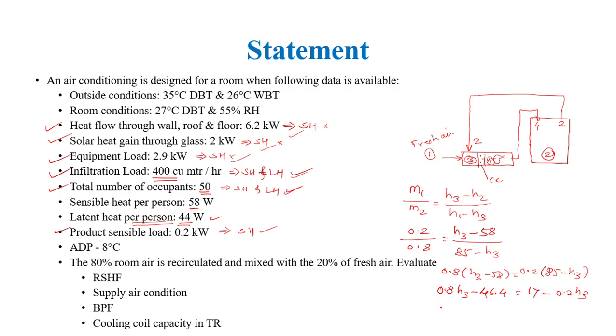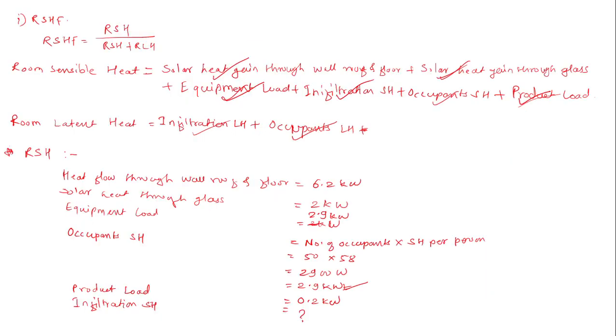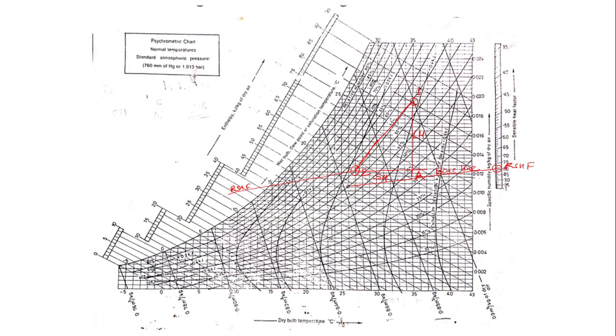I'll take the H3 terms on one side: 0.8 H3 plus 0.2 H3, that is 1 H3, is equal to 17 plus 46.4. So H3 is finally 63.4. Somewhere over here at 63.4 I will have the H3.